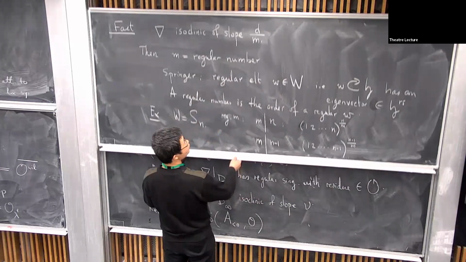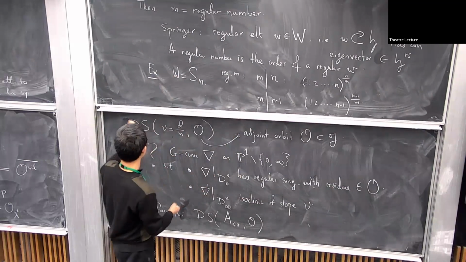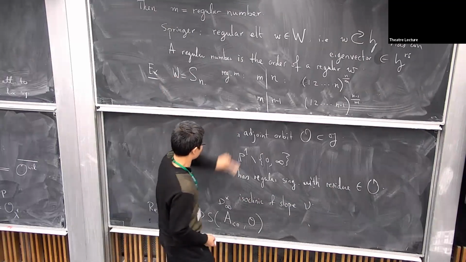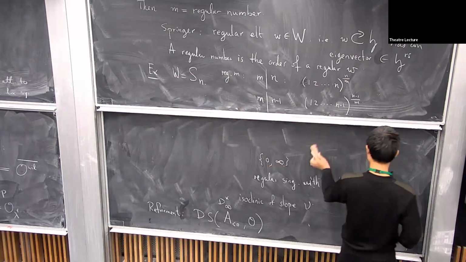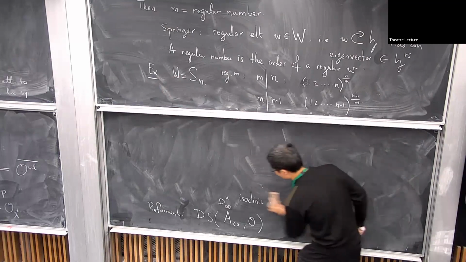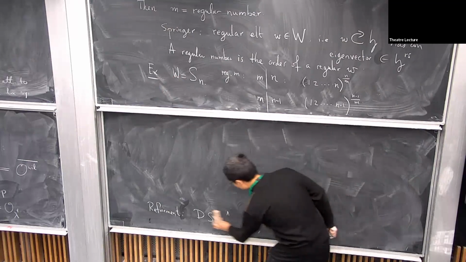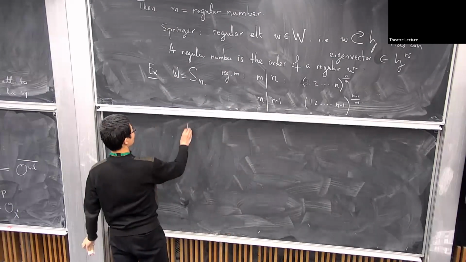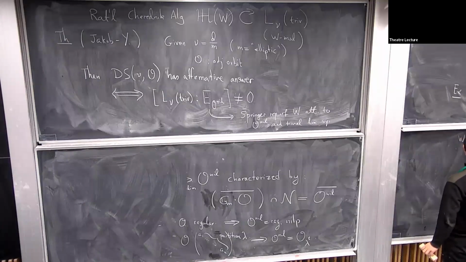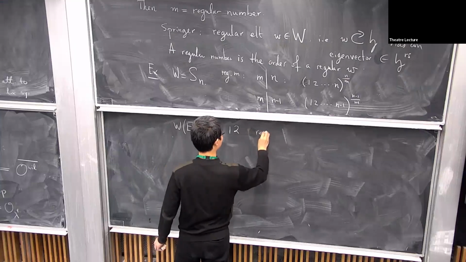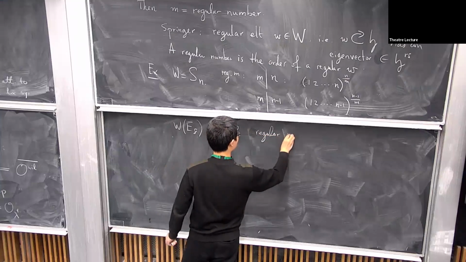In other types, I mean, classical types is somewhat similar. And for exceptional types, Springer listed all regular conjugacy classes and regular numbers. For example, in E8, there are 12 regular numbers.